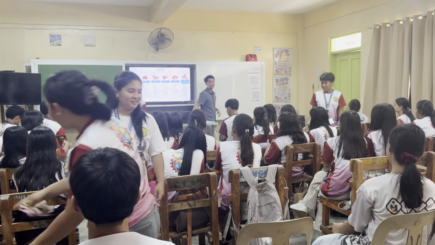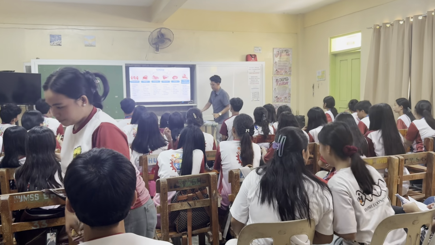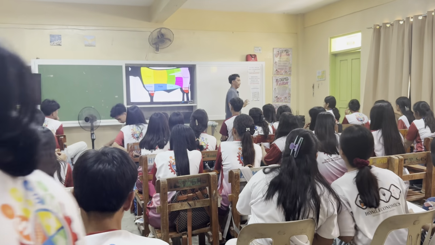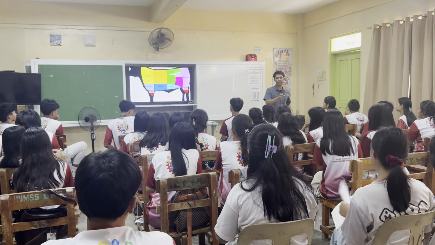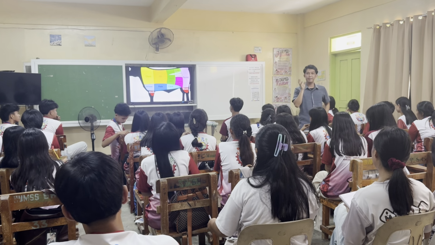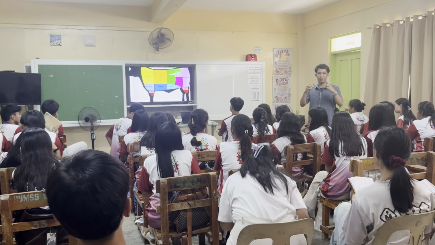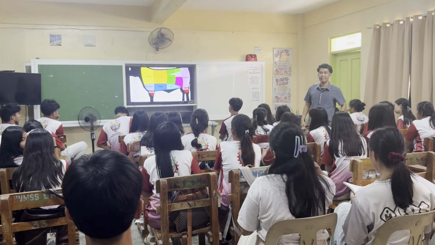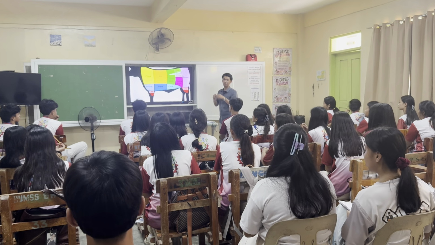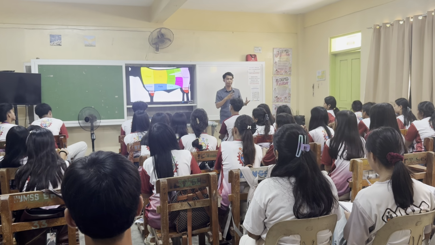So, those are the different cuts, guys. Now, the question is, going back, why are there tender cuts and tough cuts? Anyone from the class who has an idea? Why are some tough and some tender?